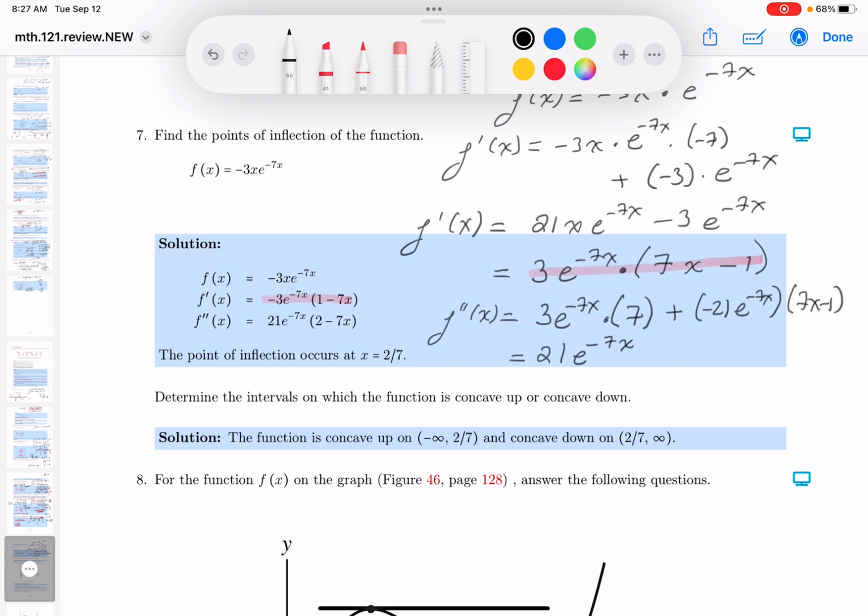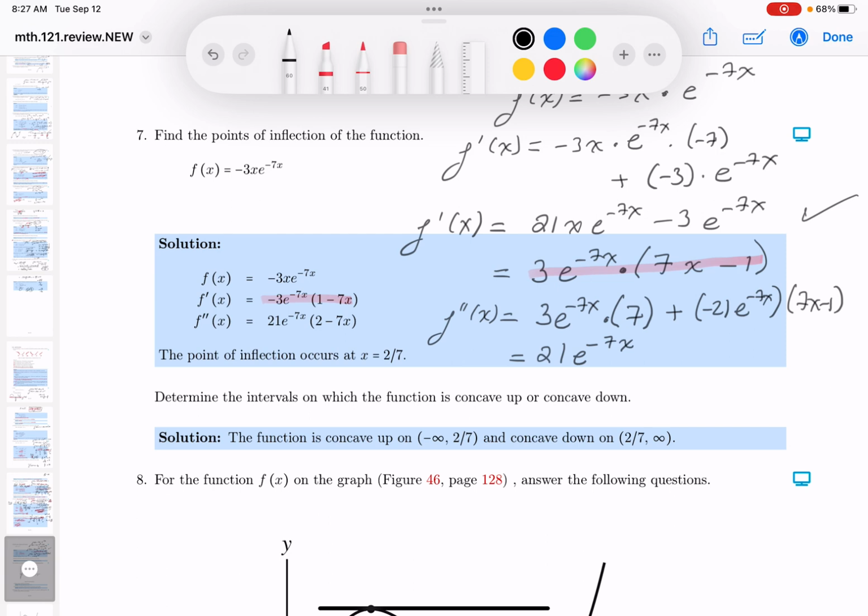I want to check my work too. F prime. Let's see, I'm checking my derivative now. First function, derivative of the second. And then you got the minus 21 e to the minus 7x. Yeah, I think I did okay.